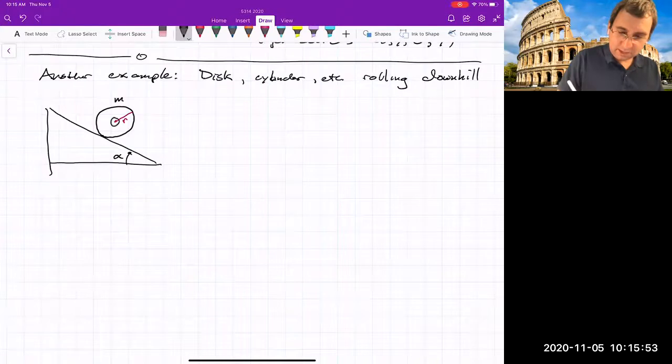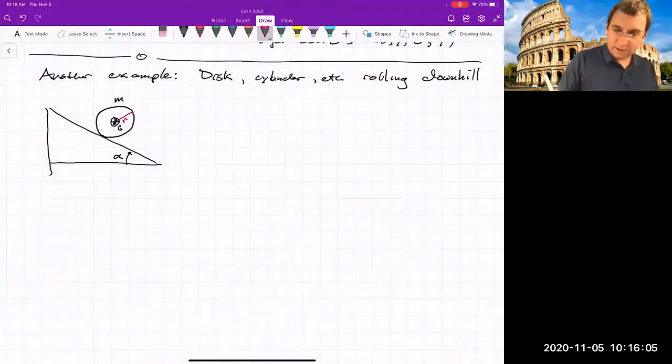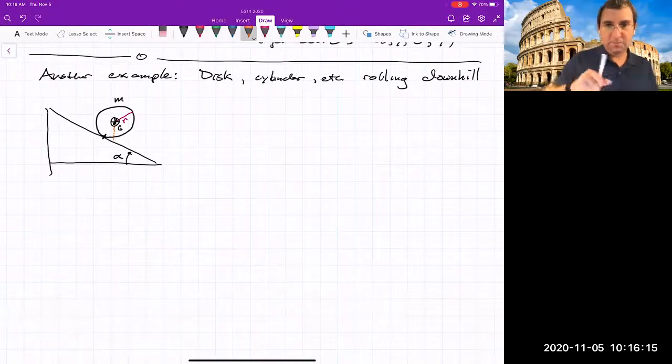Here's the center of mass, g. And here's the point of contact, and this dashed line is just the vertical.